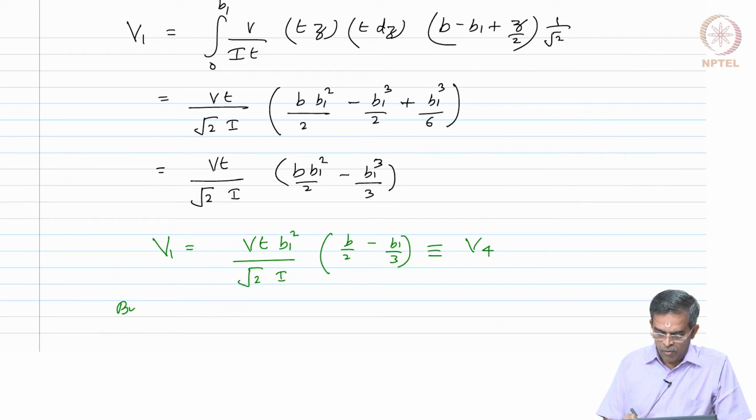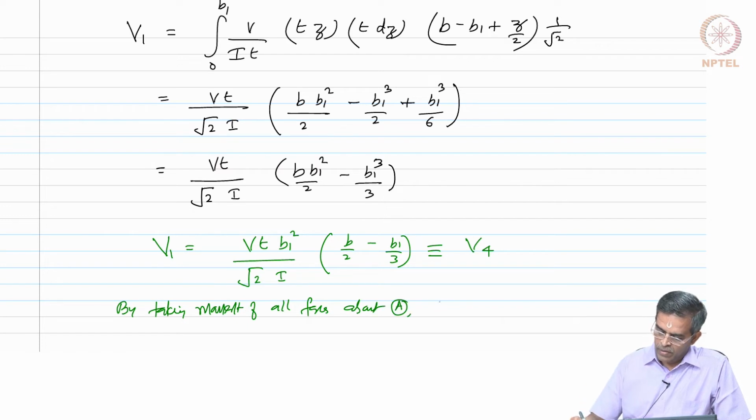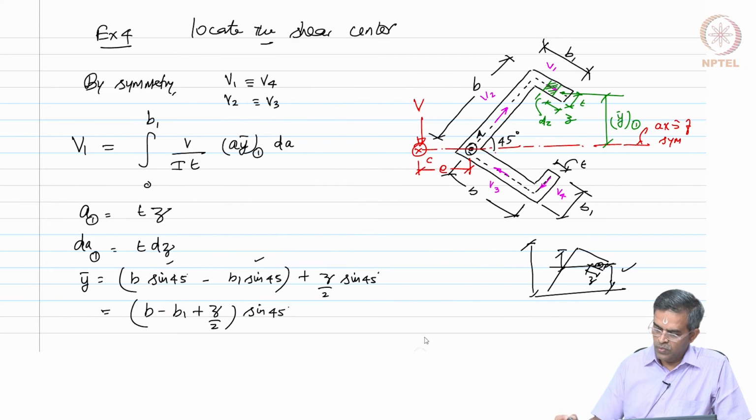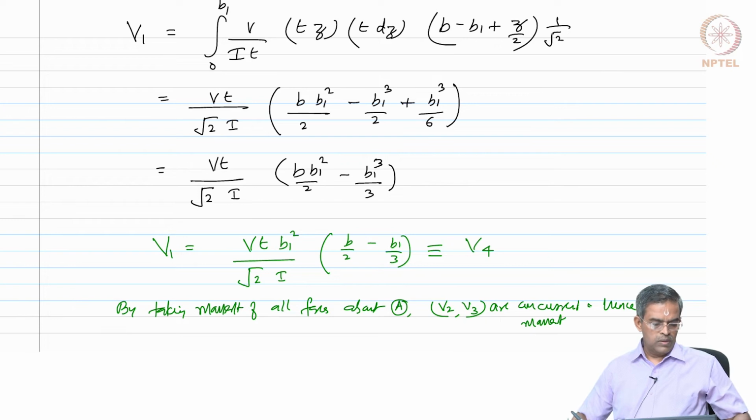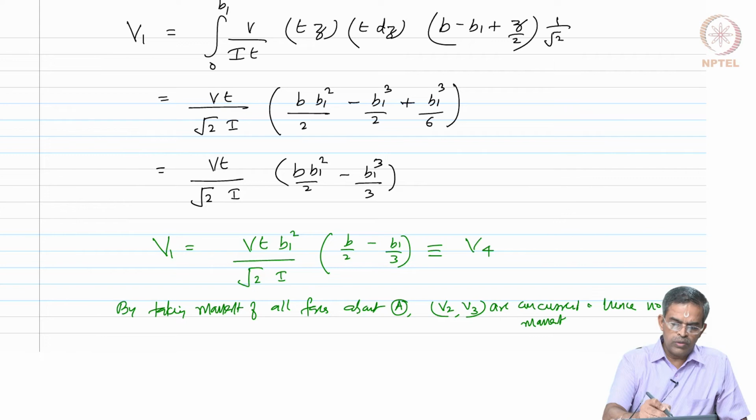So, by taking moments of all forces about A, V2 and V3 are concurrent and hence no moment. So, there is no need to calculate these two. So, directly I can use V1 and V4, but there is an issue here.